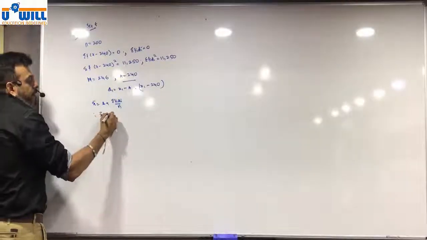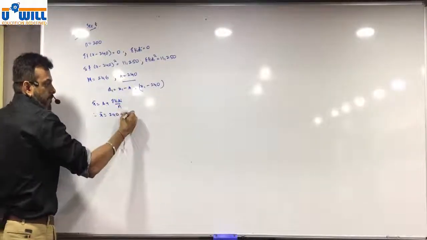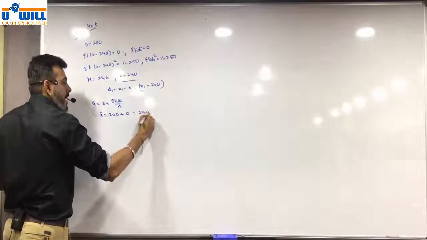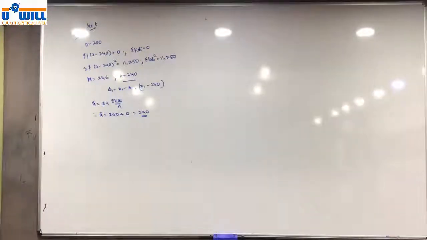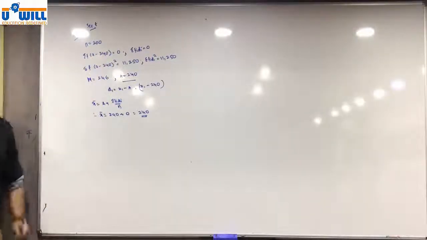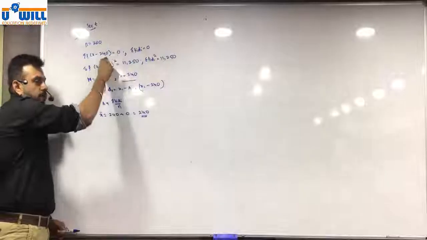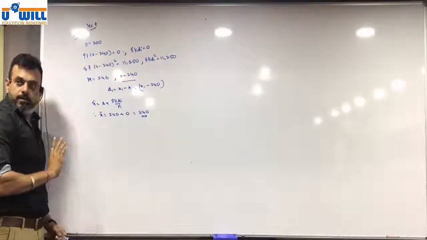Therefore x bar is equal to 240 plus, this is 0, so this will also be 0, which is equal to 240. Understood this? ऐसा रूल नहीं है कि xi minus x bar into f is always equal to 0.